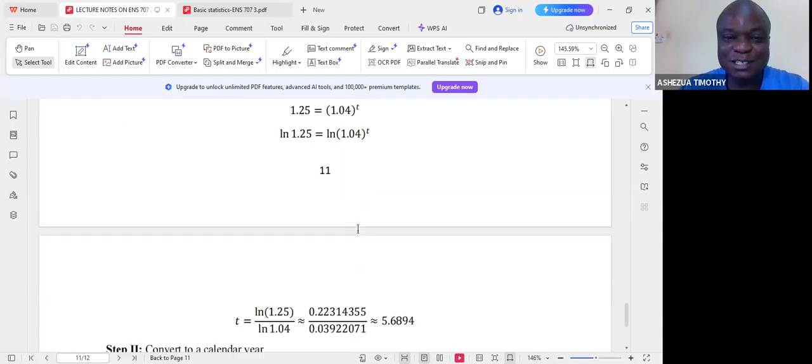If you take log on both sides and make t the subject of the formula, you will have t equal to log 1.25 all over log 1.04, which is approximately, if you check the log of that, this.